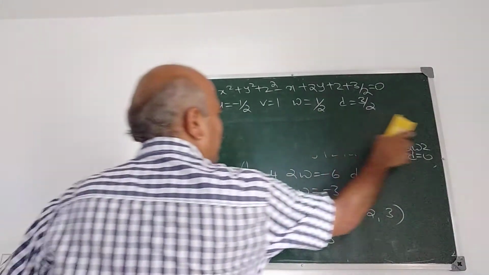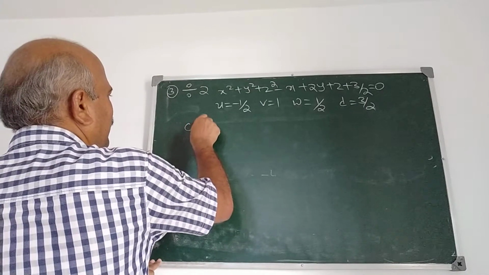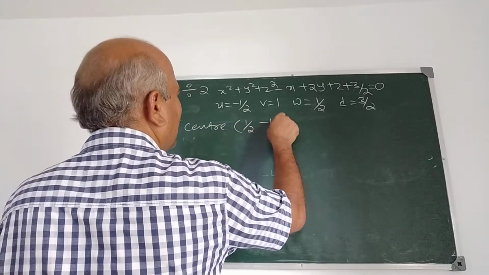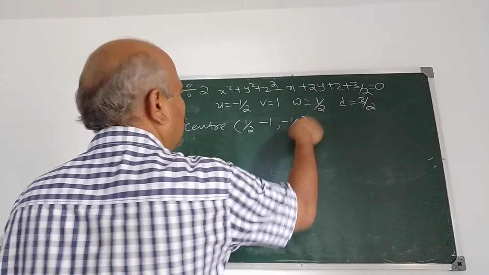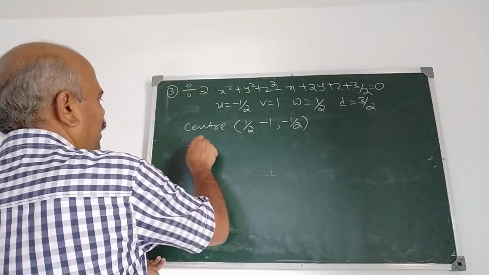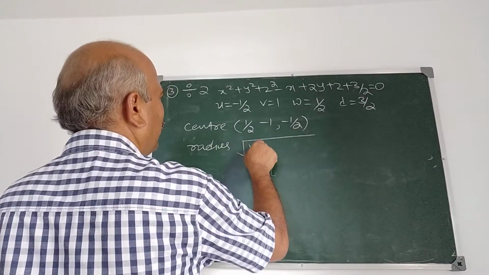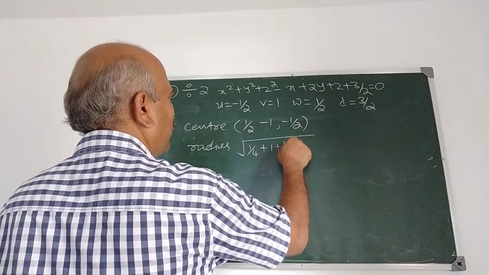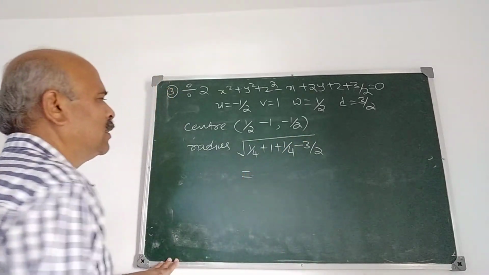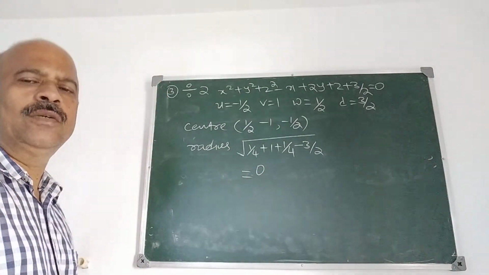Therefore, what is the center? Center is minus u, minus v, minus w. Correct? And the radius is square root of 1 by 4 plus 1 plus 1 by 4 minus 3 by 2. What do you get? Is it 0? 0.